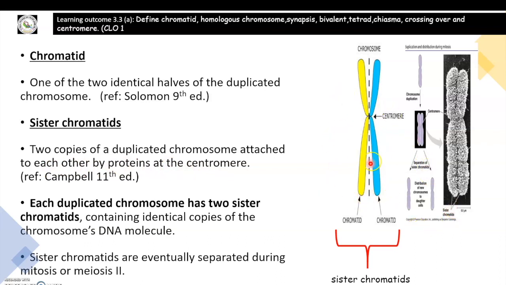So here, the yellow color means sister chromatid, and the blue means chromatid. If joined together, we refer to them as sister chromatids. And these chromatids will separate during anaphase in mitosis, and anaphase 2 for the second meiotic division.